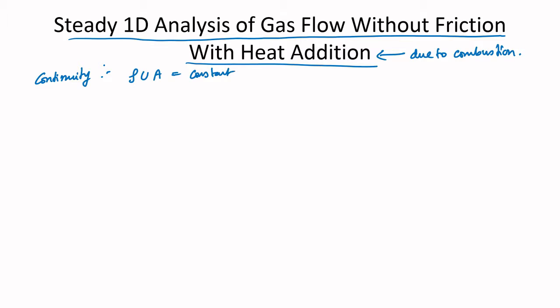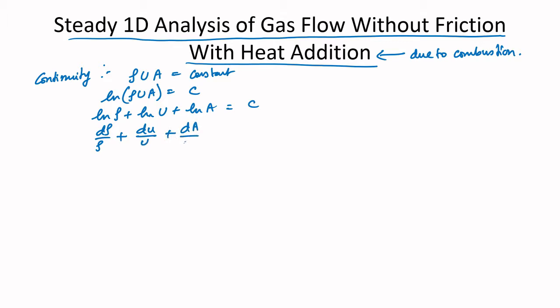Rho is the density, u is the velocity, A is the cross section area, and we can write ln of rho u A is equal to another constant, and we can write ln rho plus ln u plus ln A is equal to c, and then we can differentiate. We can write d rho by rho plus du by u plus dA by A is equal to 0.